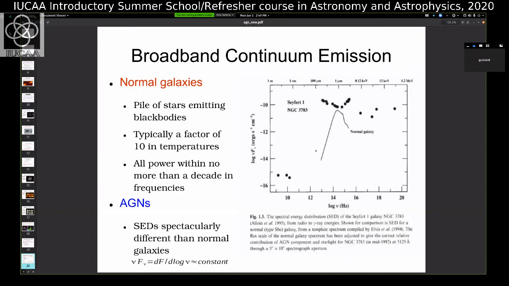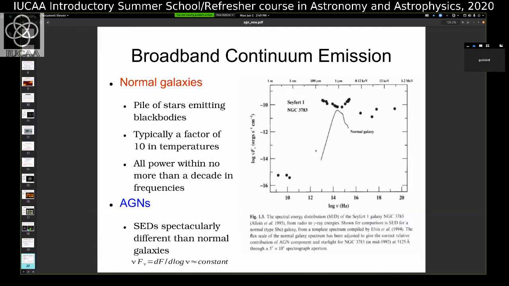Another important characteristic of AGN is the broadband continuum emission. Again, we have to refer to normal galaxies. Normal galaxies are essentially a pile of stars emitting blackbody radiation. Therefore, the integrated spectrum from a normal galaxy depends on the spectra of the various stars, or the temperature of the stars.